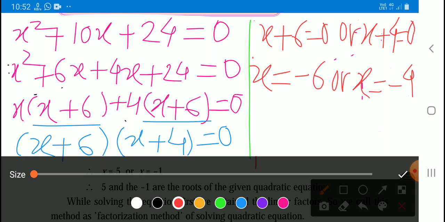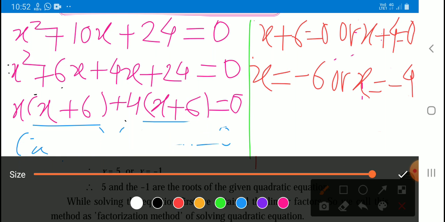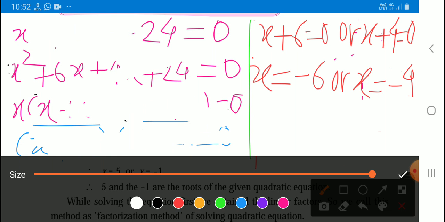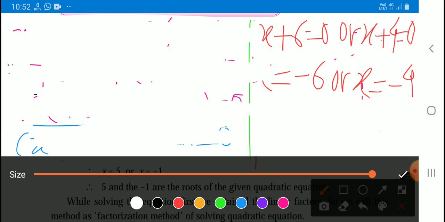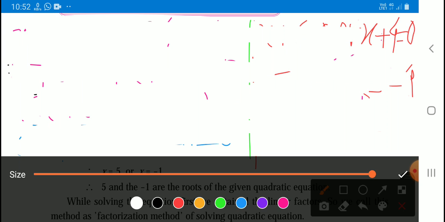Okay, one more example I will take here, of the factorization method only, but the example type is different. So I will write the example here.